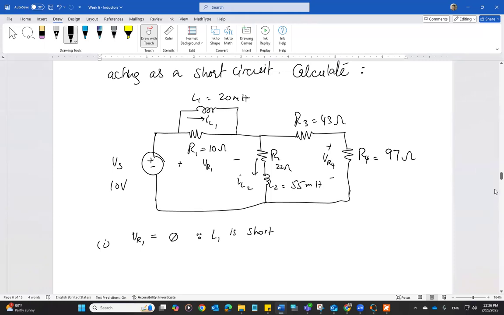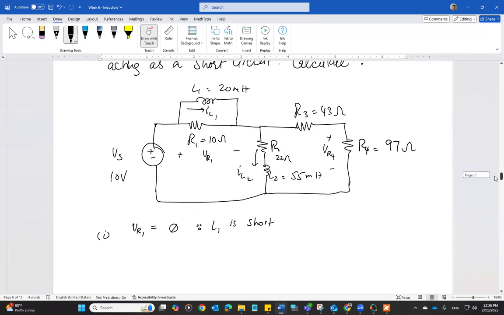All right, second, how much current is passing through inductor 1, IL1? IL1 is going to be the total current coming out of the source. If you short that L1, R1 is going to be gone.